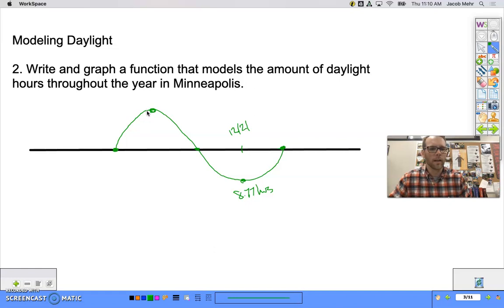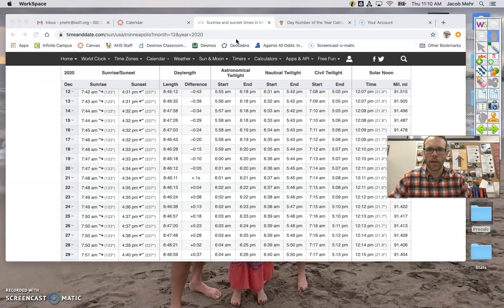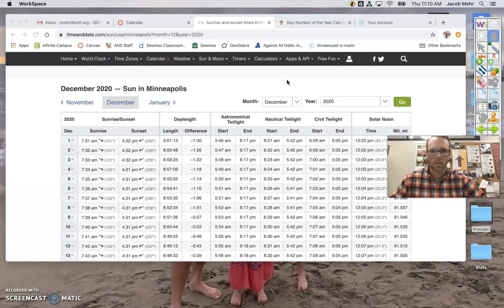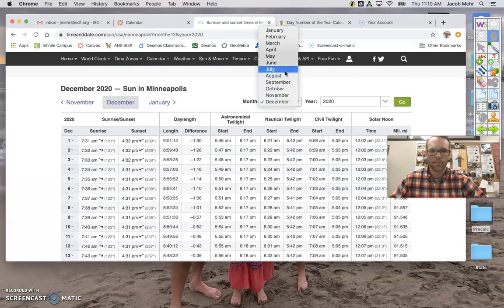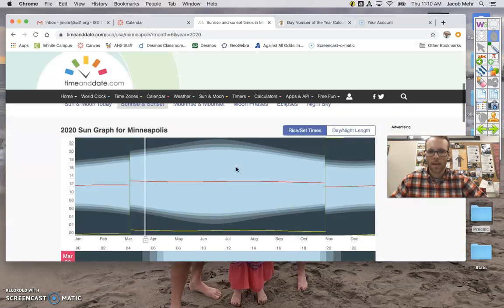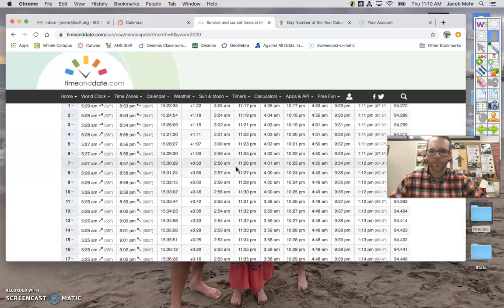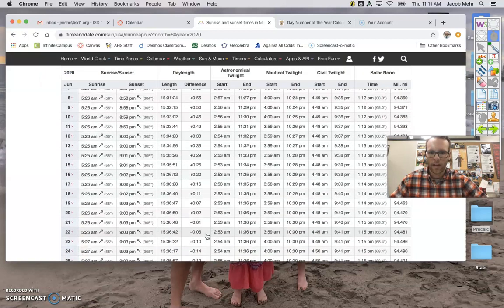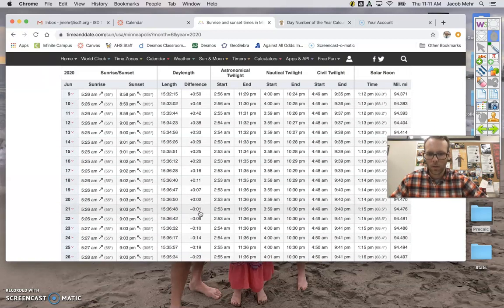When do we get the most daylight? Well, that happens in June at summer solstice. So let's jump to June. Let's find that most daylight. There we go.